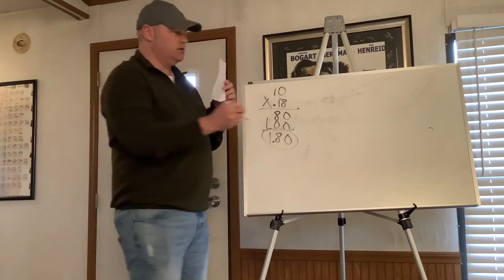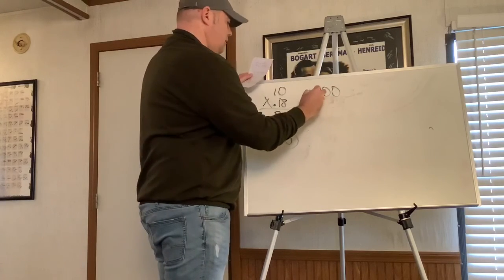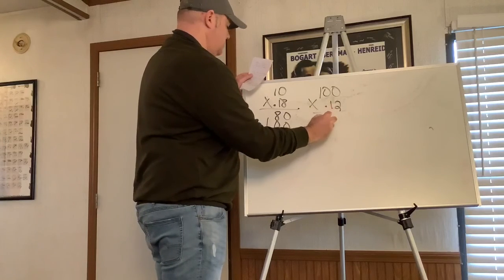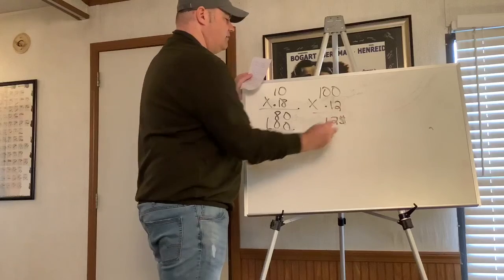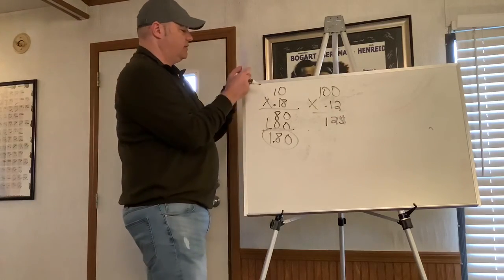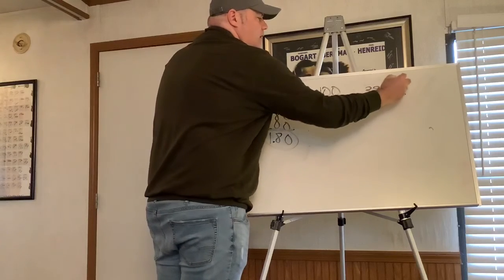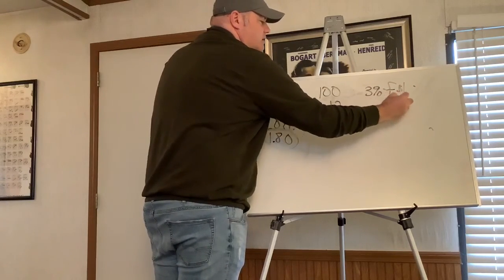Now the rest I'm going to put in a calculator so we can shorten this. Actually this one's going to be $12. So 12% of $100 is $12. 3% of $1 is 3 cents.